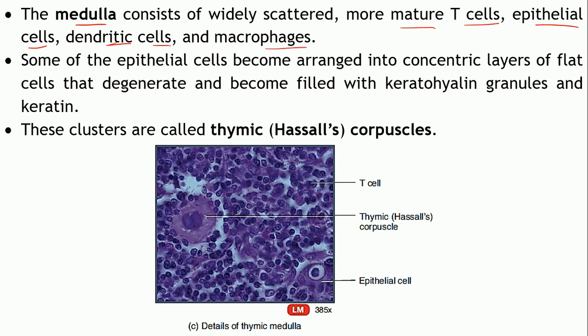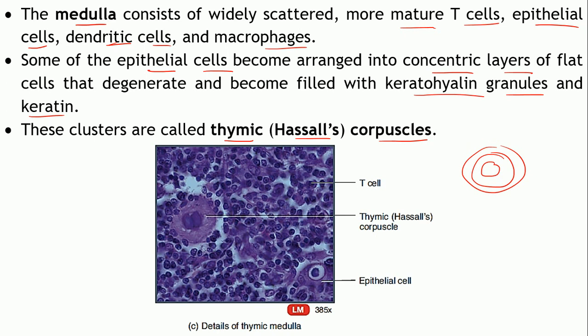Now within the medulla, the role of all the cells remains the same, but additionally some of these epithelial cells become arranged in concentric layers. They form a structure called the thymic corpuscles or Hassall's corpuscle. These epithelial cells are arranged in concentric layers and it becomes filled with keratohyalin granules and keratin.